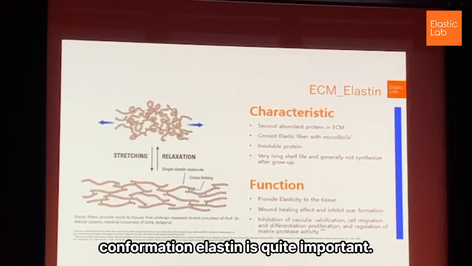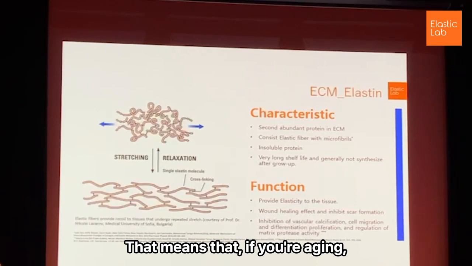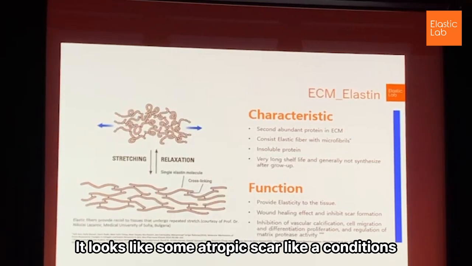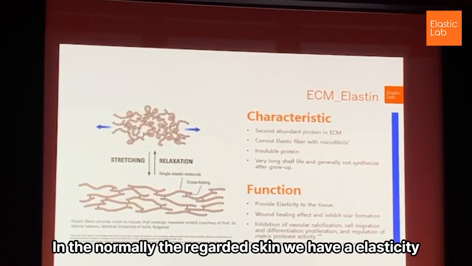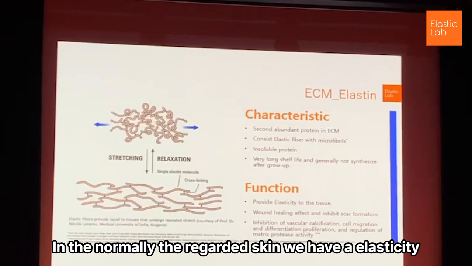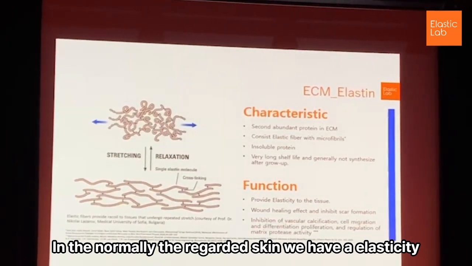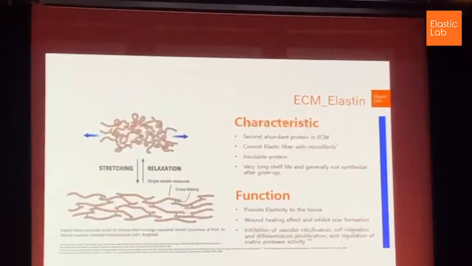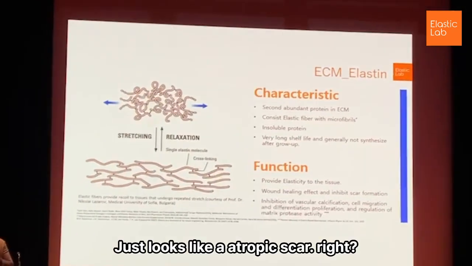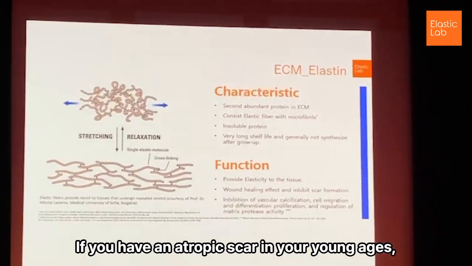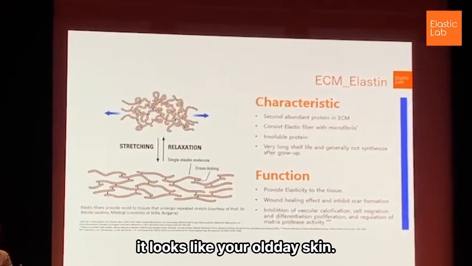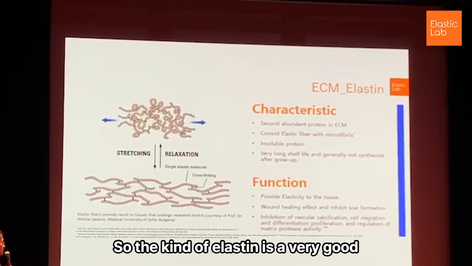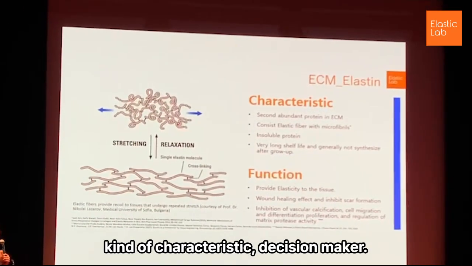That means that if you are aging and the elastin is not properly deposited, it looks like atrophic scar-like conditions. In normally aging skin, we have laxity, a thin epidermis, thin and lax skin that glides over and over. It just looks like an atrophic scar, right? If you have an atrophic scar at a young age, it looks like your old-age skin. So elastin is a very important characteristic decision maker.